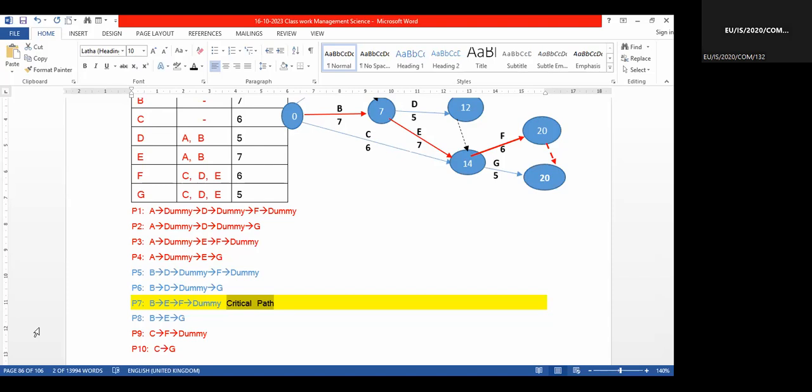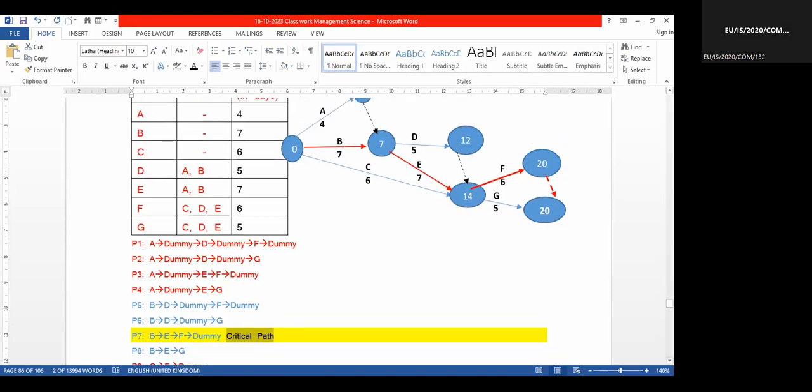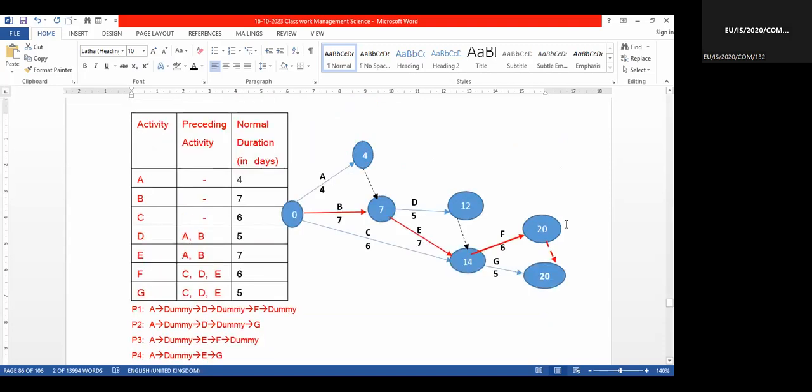So why is this path important? Because the entire project duration is decided by that path. From starting to end, the total duration of the project is decided by it.